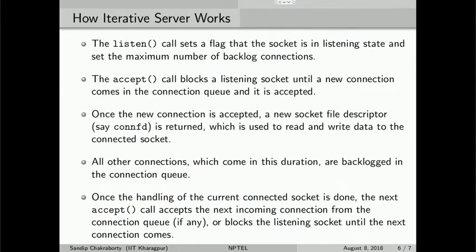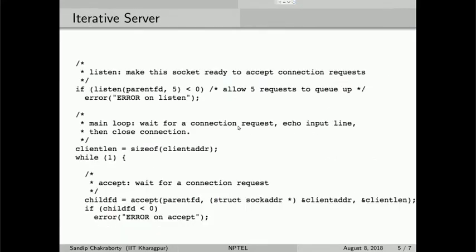Once the handling of the current connected socket is done, the next accept call accepts the next incoming connection from the connection queue if there is any, or blocks the listening socket until the next connection comes. So, once the execution of this while loop completes, only then do you come back here and accept the next connection. Everything is actually blocked on the send and the receive call that you have in this particular while block.